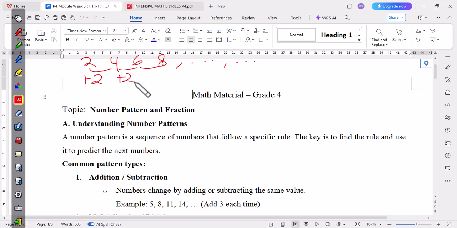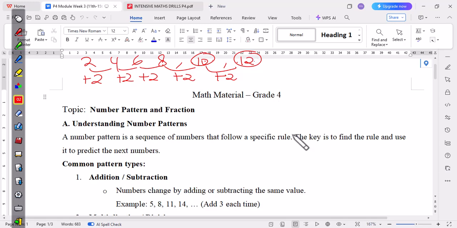So plus 2, so plus 2. So it means this number must be plus 2 as well. We got 10. And this number plus 2, and we got 12. So this is called the number pattern. The way to find the rule and use it to predict the next numbers.